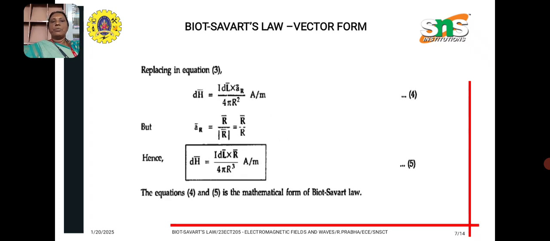By substituting in the dH equation, we get dH is I dl cross ar vector by 4 pi r square.